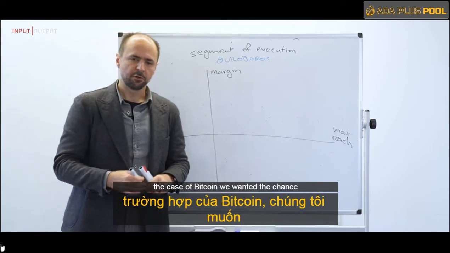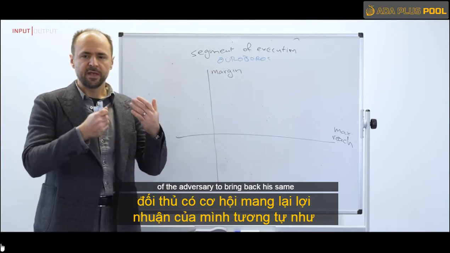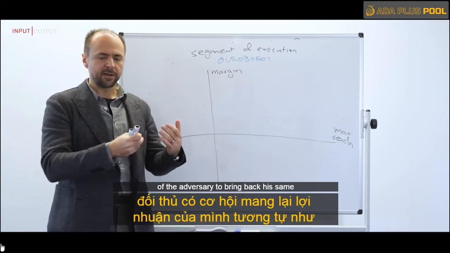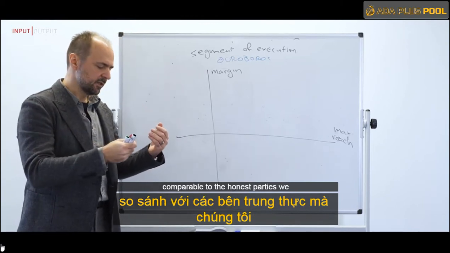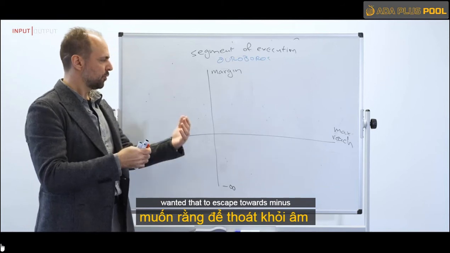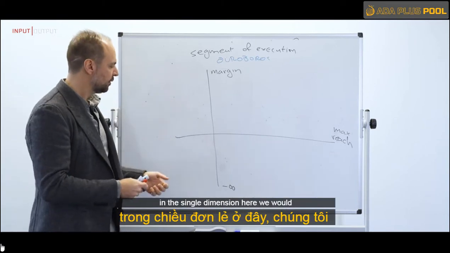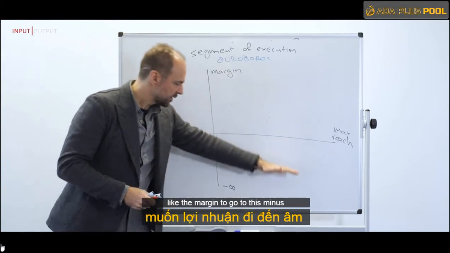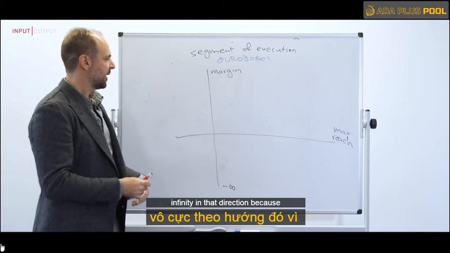So as in the case of Bitcoin, we wanted the chance of the adversary to bring back his chain comparable to the honest parties. We wanted that to escape towards minus infinity in the single dimension. Here we would like the margin to go to minus infinity in that direction.